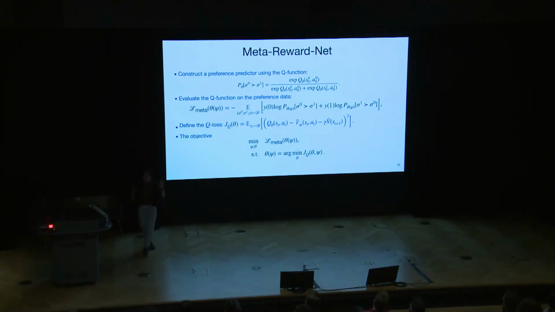We do not use the reward function R hat, but use the Q function directly. The motivation is that if we have less data, the reward function will be inaccurate, and an inaccurate reward function leads to an inaccurate Q function.